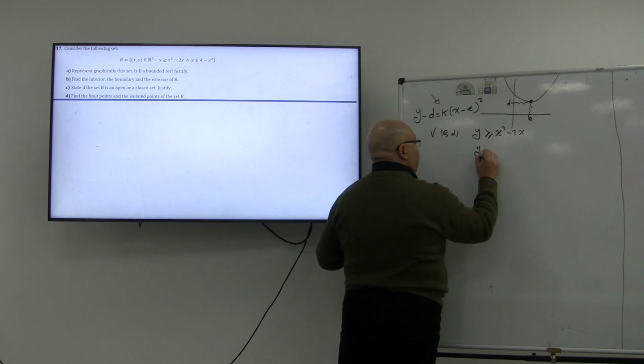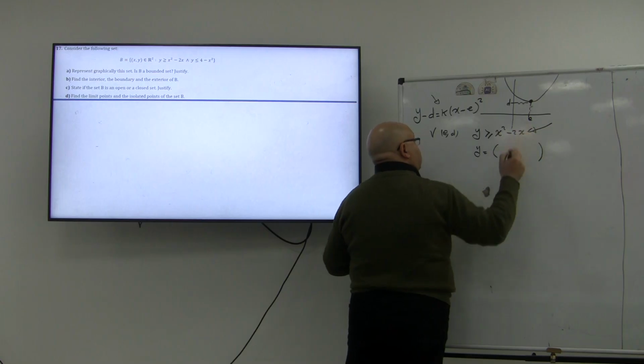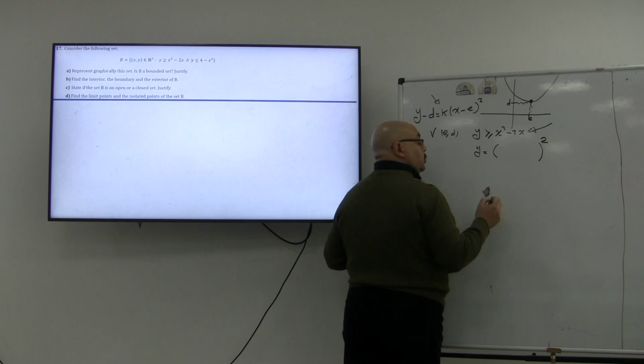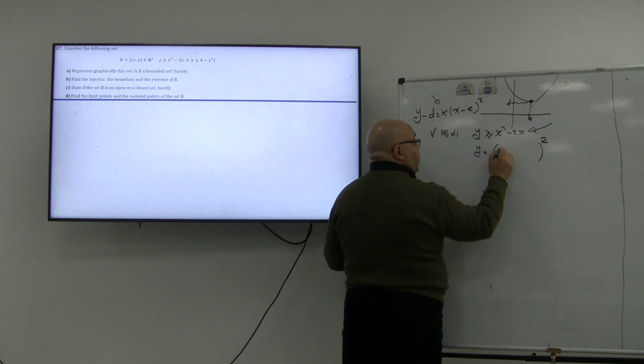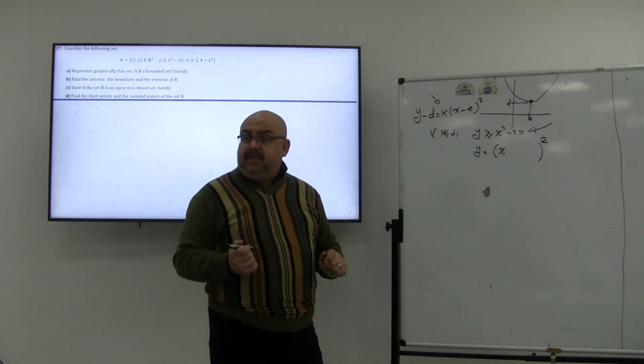So y equals, I will try to complete the square. In order to do a completing square on this term, I will consider a bracket to the power of 2. From x squared, I will take x. This number, I will divide by 2, and the rest, I will put inside the bracket.